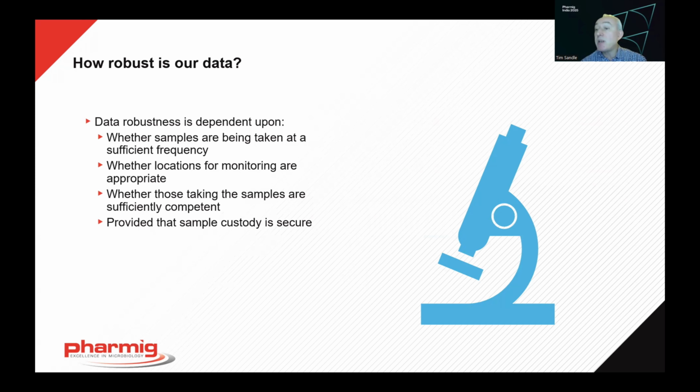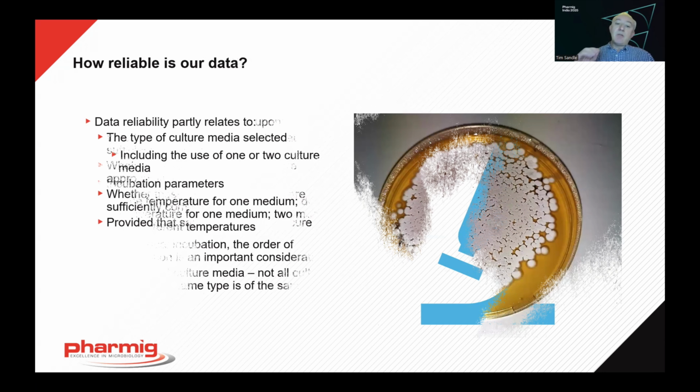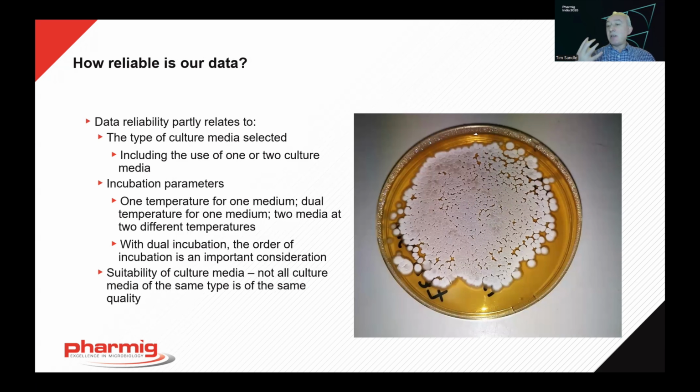Are those people who are taking the samples appropriately trained? Do they have good competency to do this activity? And then, are we transferring the samples back from our manufacturing facility over to our laboratory? Is that being done in the correct way? So for data reliability, there's lots of fundamentals to consider.